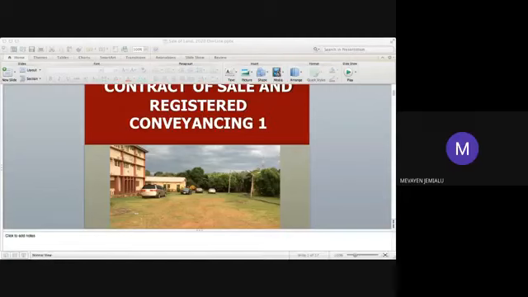Or rather, where the family head goes ahead to sell family land without the agreement of members of the family, such a sale is voidable and may be successfully challenged by the principal members or other members of the family.